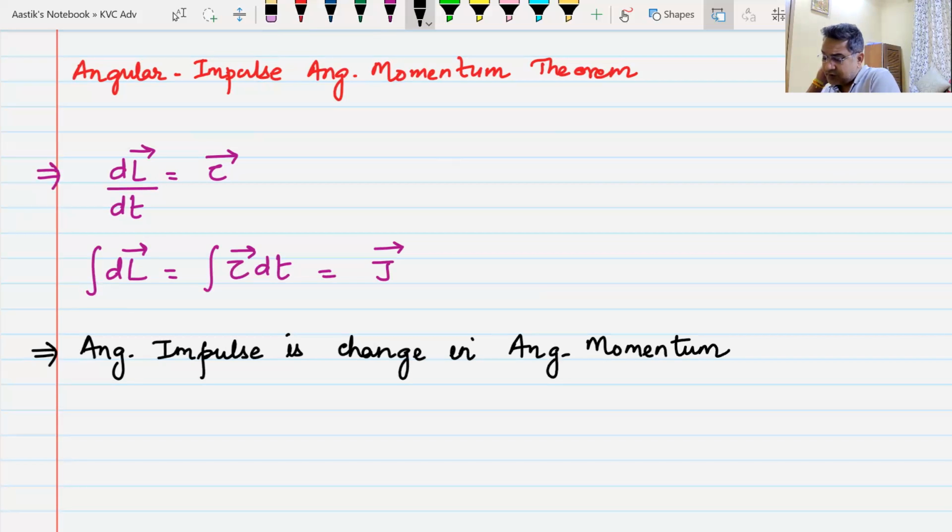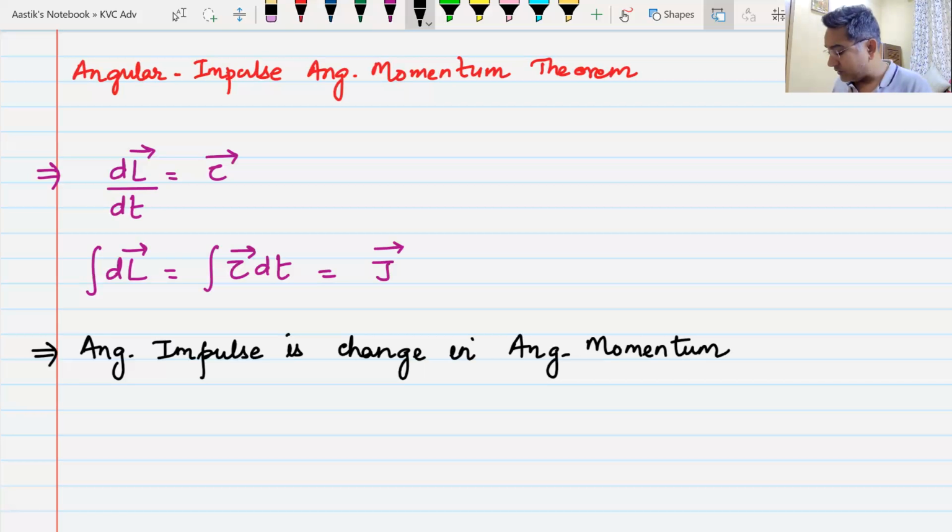Impulse, sir. As impulse was doing in linear motion. Angular impulse is going to do the same job as impulse was doing in linear motion. Do we understand this? Yes, sir.